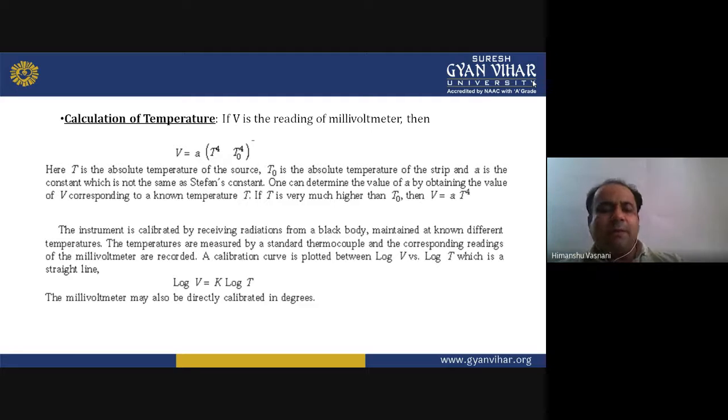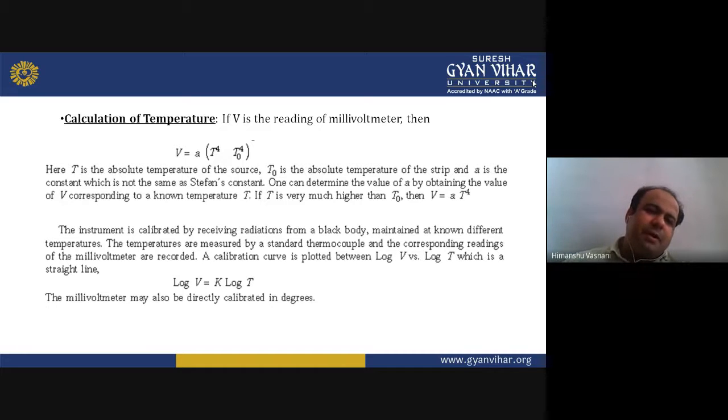Here capital T is the absolute temperature of the source, T0 is the absolute temperature of the strip, and small a is a constant which is not the same as Stefan's constant. One can determine the value of a by obtaining the value of V corresponding to a known temperature T. If T is very much higher than T0, then V = aT^4.